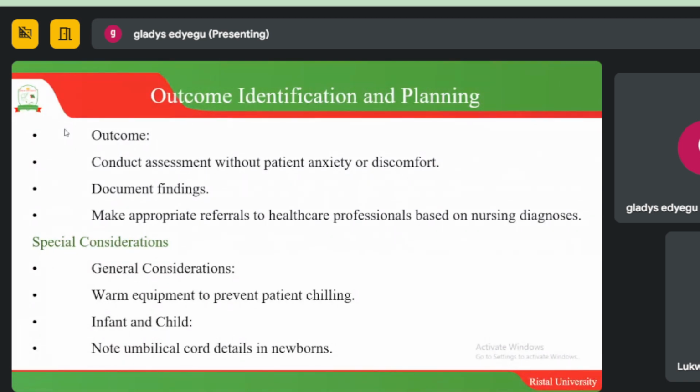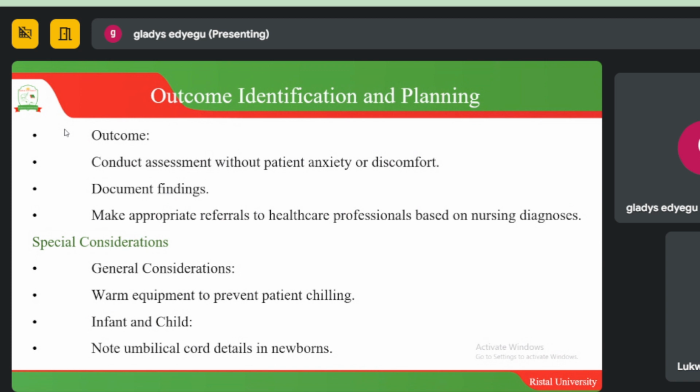So also make appropriate referrals to healthcare professionals based on the nursing diagnosis. So we need to have a good outcome and we need to plan how to manage our patients. So when we need a good outcome and we have to plan very well on how to handle these patients, we always believe that even referral is one of the measures of managing our patients.